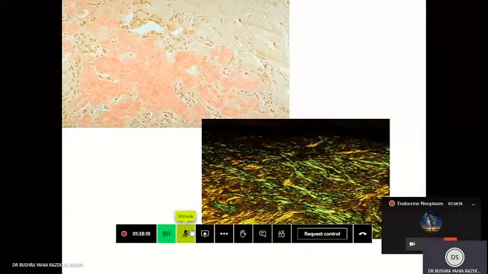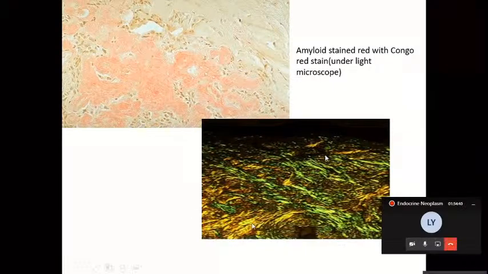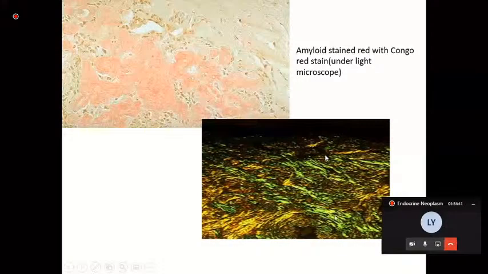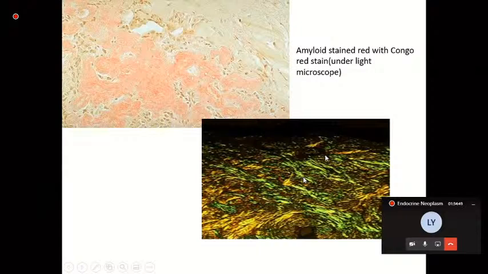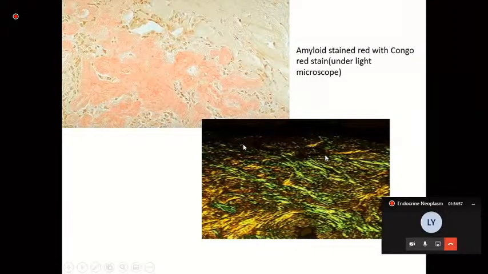Okay? This apple green birefringence indicates amyloid with Congo red stain. Under the light microscope we see the red color, but once we use the polarized microscope, it gives this bright apple green birefringence.